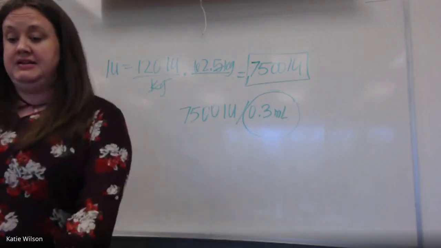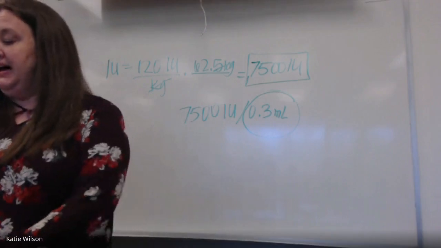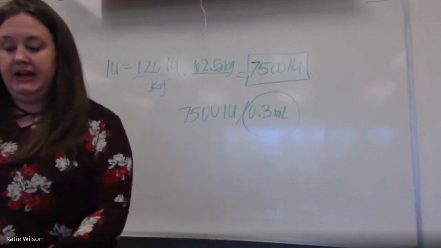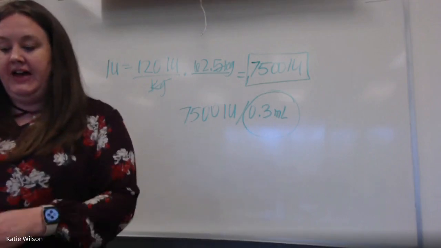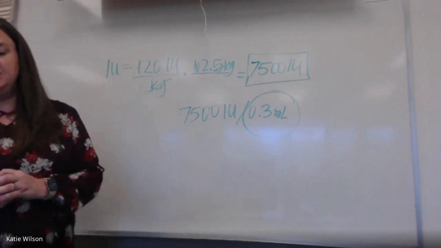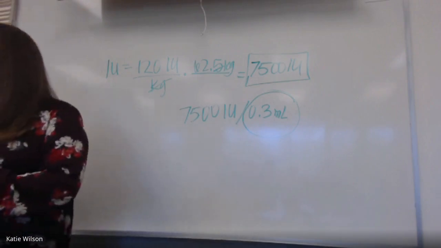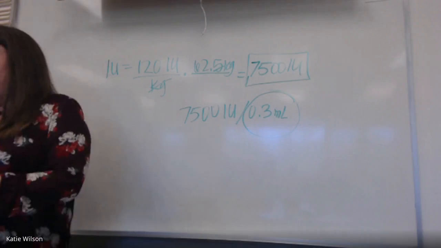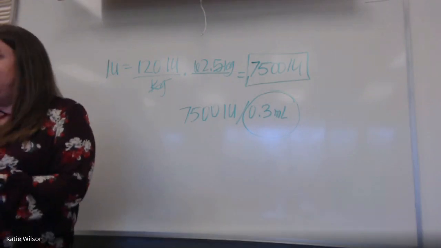Right. So this one's a little trickier. What would happen if they only had the 10,000 international unit in 0.4 mL syringe? How would we figure out how much to give?